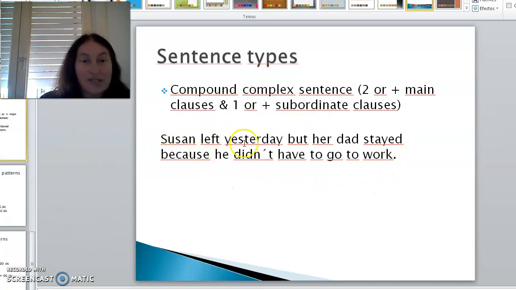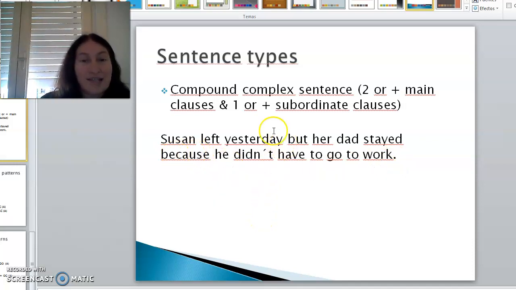"Susan left yesterday," a first main clause, a coordinating conjunction, and a second main clause. But the second main clause, in turn, may be divided into a main clause, "her dad stayed," and a subordinate clause, "because he didn't have to go to work."